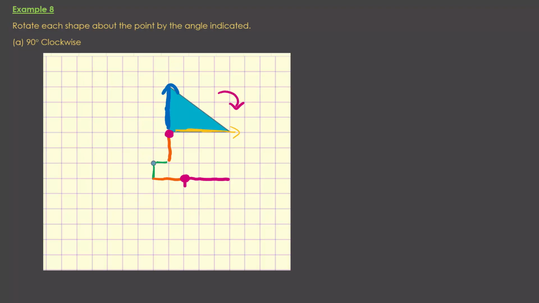So that's going to go down here, and that one is 4 squares long, and then fill in the remaining side. It's in a different orientation, but if we look at the two shapes, we can see they are exactly the same. So these two triangles are congruent.